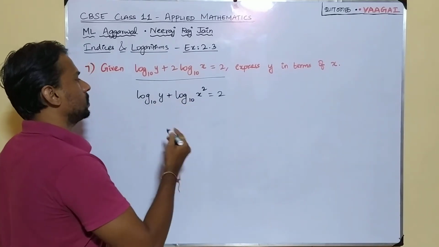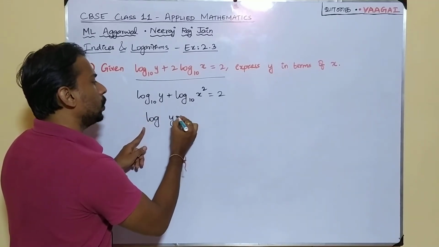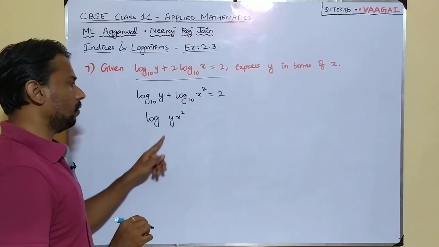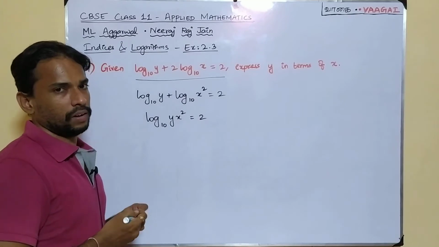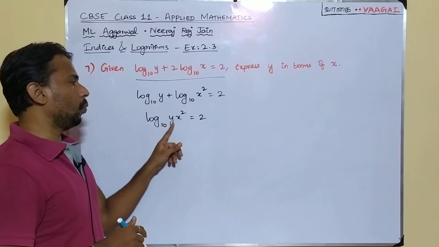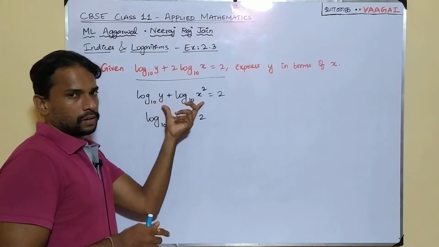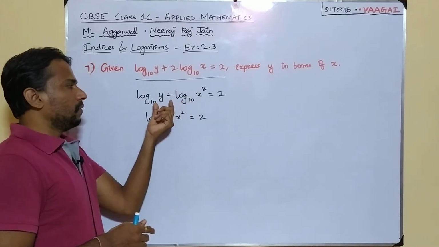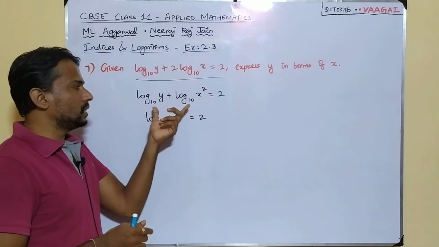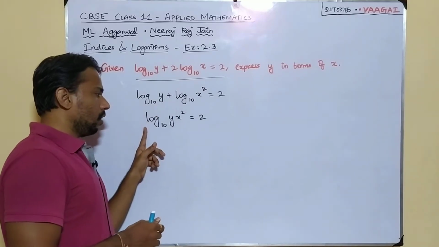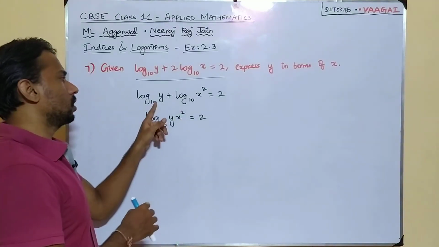So log of y into x square to the base 10 is equal to 2, because these two will be getting multiplied. We will have only one logarithm. When we use the product rule, it is log of the first value plus log of the second value, and since we have the same base, it becomes log of the product of those values, that is y into x square.